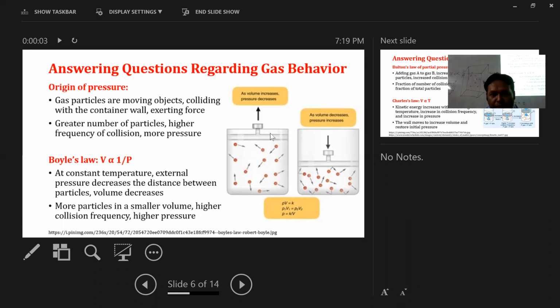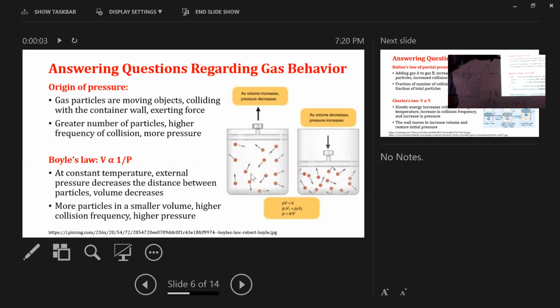So you can see from this figure, this is a container, and this is also the same container. This is a frictionless piston. That means you are familiar with the syringe. Some of you may have had different types of injection in your body using a syringe.